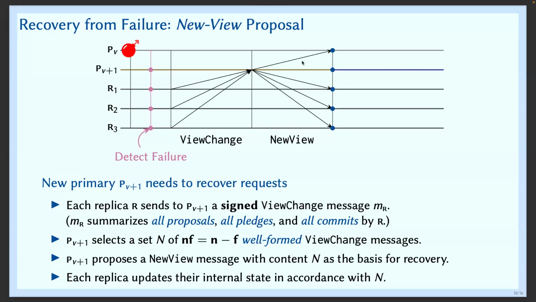Both of them are valid, and both of them satisfy the preservation property. So you need these extra phases, the prepare and commit. Think of this as proposal and then prepare and commit, to ensure that the primary did not lie, did not equivocate, giving different new views to different people. So essentially it becomes identical to commitment.